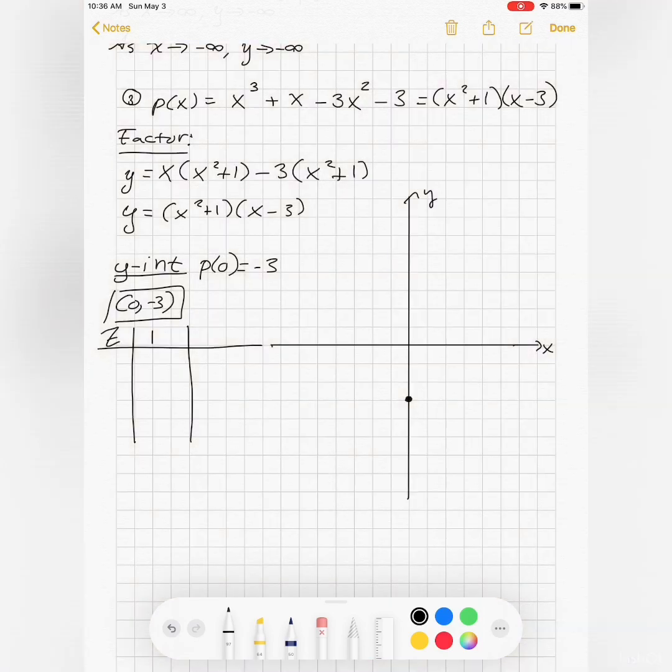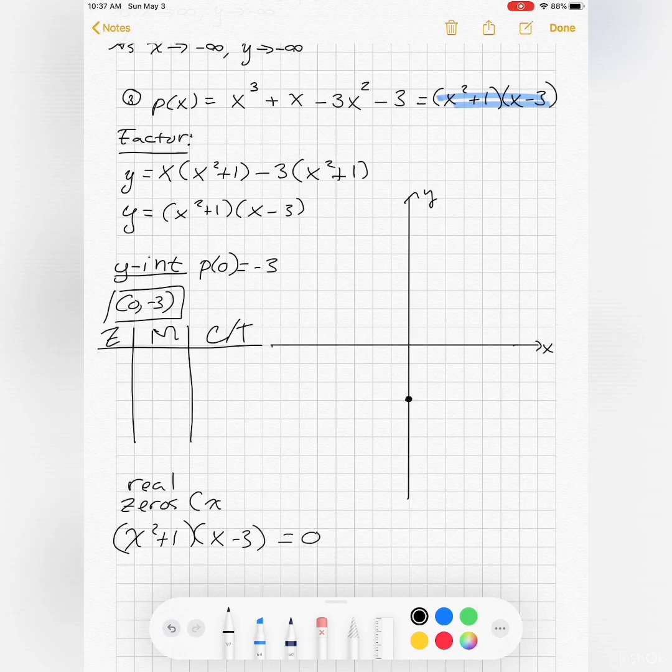So the zero, the multiplicity, does the graph cross or touch? I'm looking at the factored form here to get the zeros. To get the zeros, I take that factored form and set it equal to 0. Now remember, I'm only interested in real zeros here, the x-intercepts.